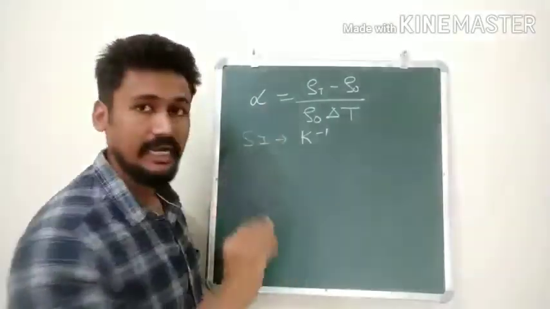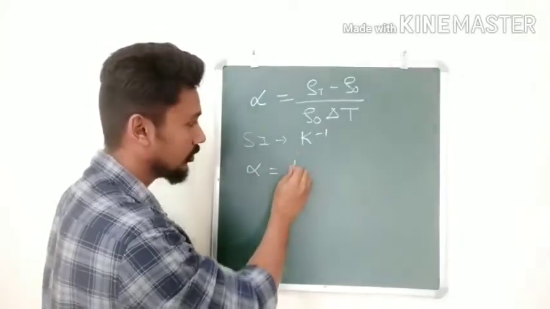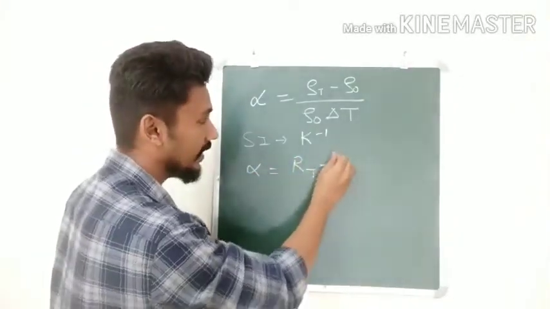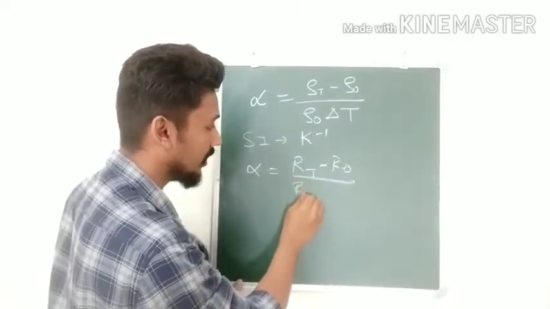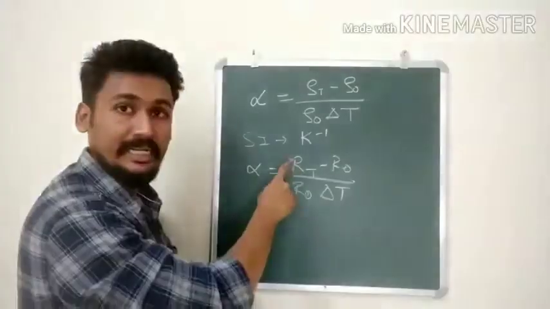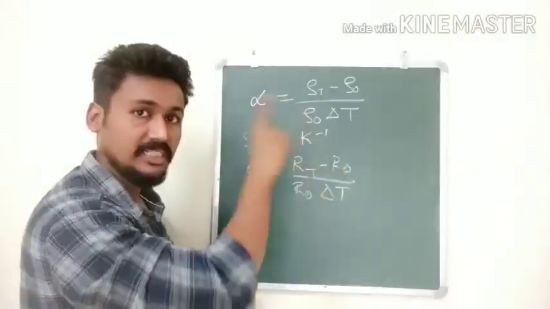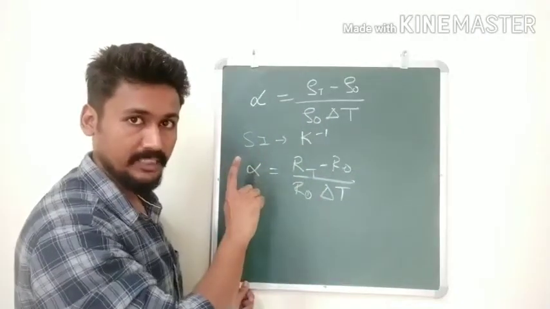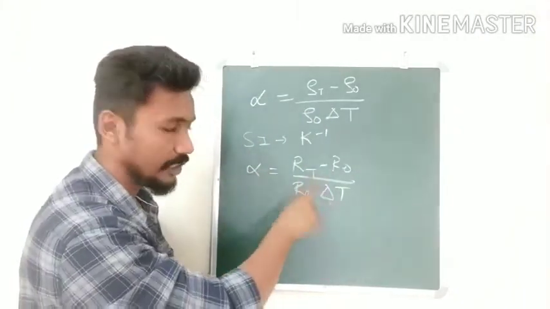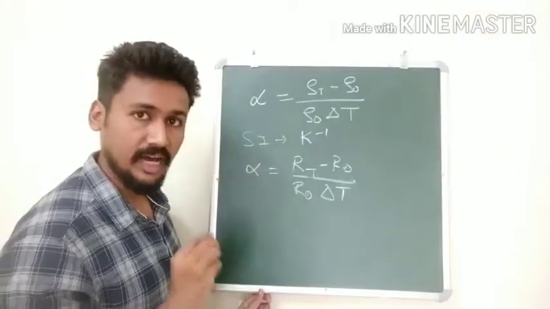We can also write this formula as alpha equal to RT minus R naught upon R naught delta T. What is RT? Resistance at temperature T minus R naught, resistance at the initial temperature 0 divided by R naught into delta T. Both these formulae will give you the value of alpha.